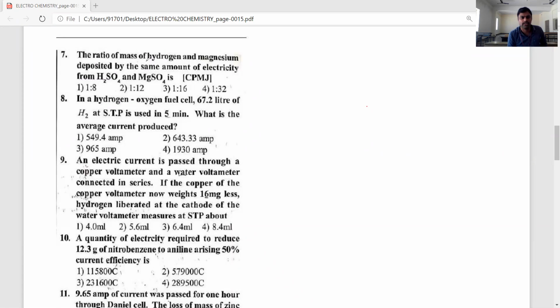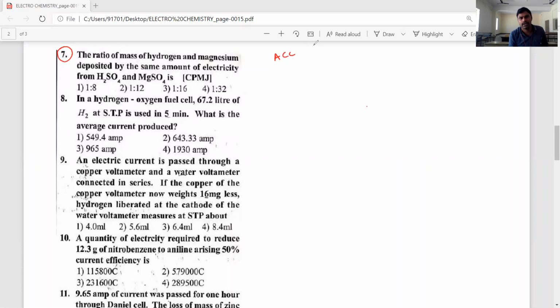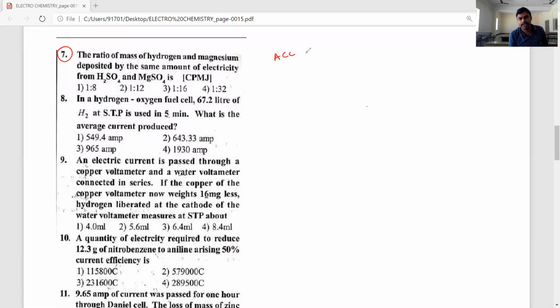Q is constant. So how to solve this question? If Q is constant, their weight ratios are according to Faraday's second law.